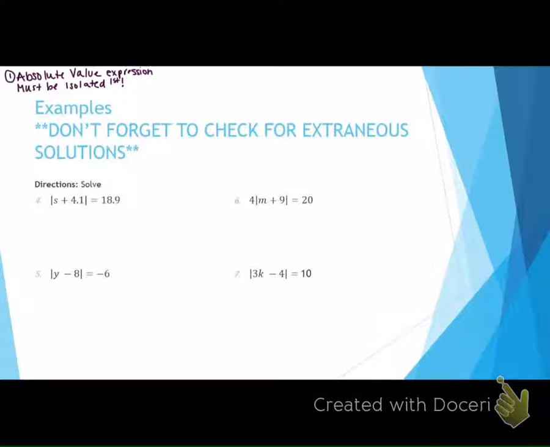Number 2, once isolated, make sure it is not equal to a negative.